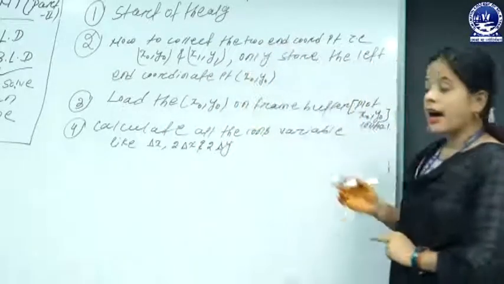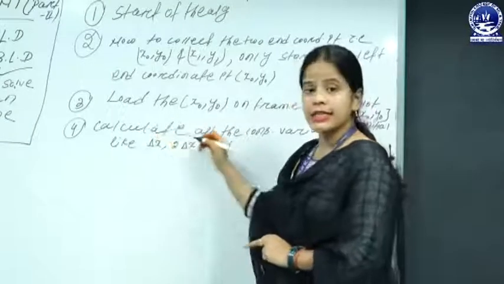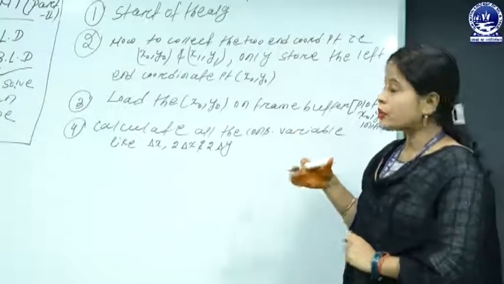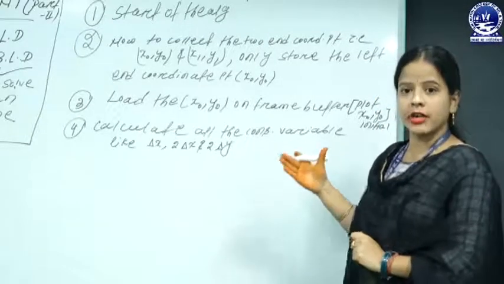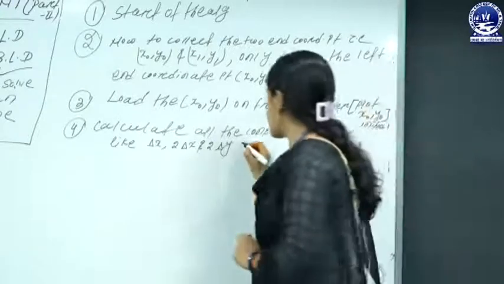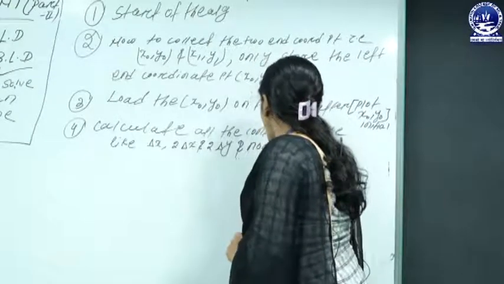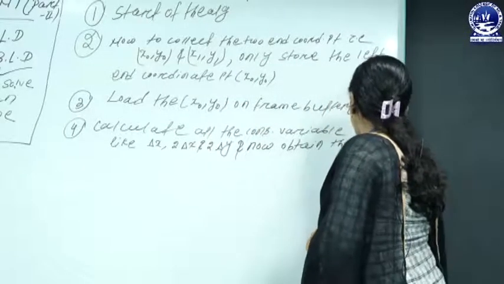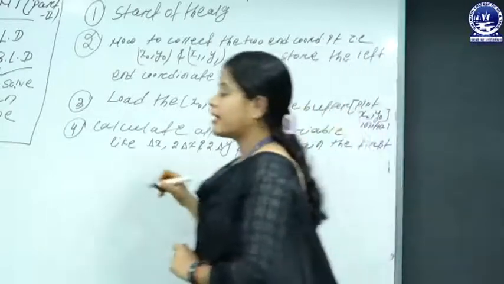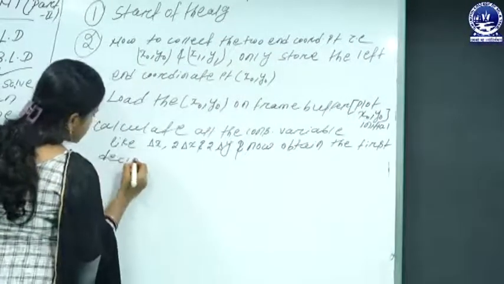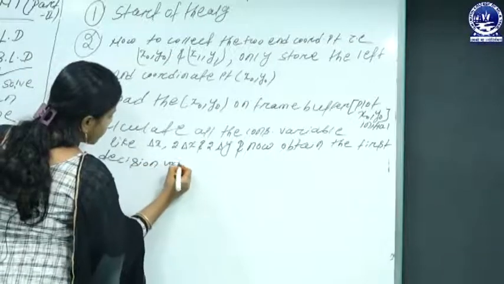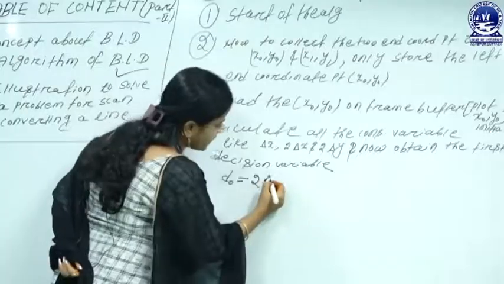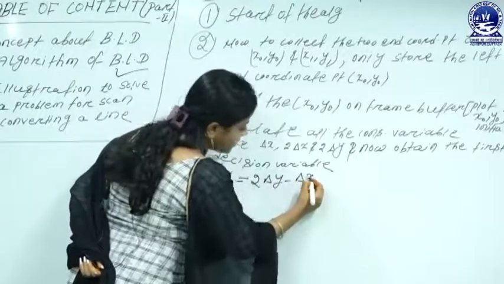Okay. Then after you have calculated all the constant values, you have to obtain the first initial decision variable, that is d0 equal to 2 delta y minus delta x.